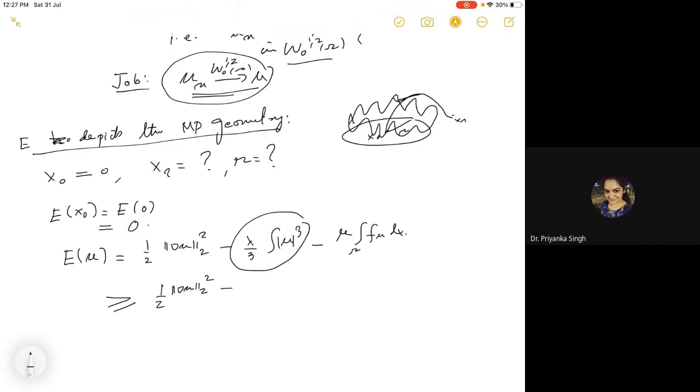Here I'm using another embedding result. And then you have C2, norm of f in L2, and the gradient of u. Here I have used the Poincaré inequality, and here I have used the continuous embedding of the Sobolev space.